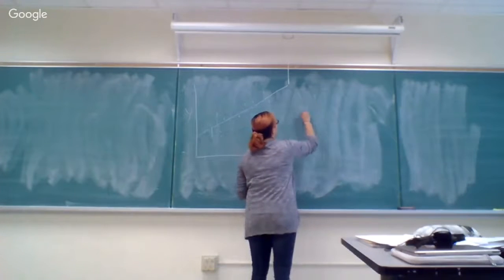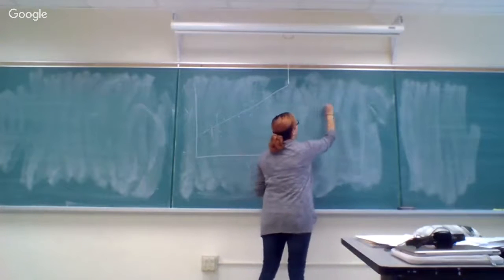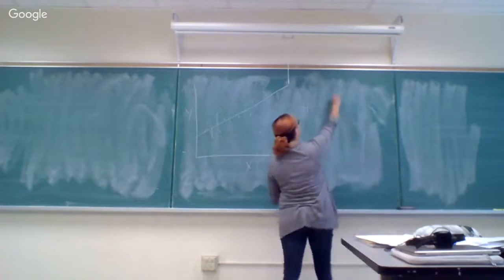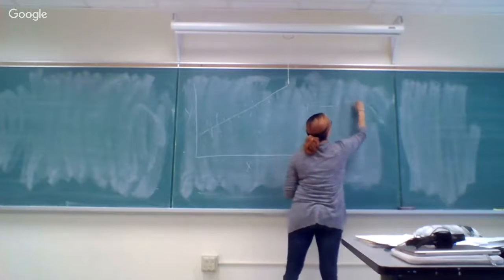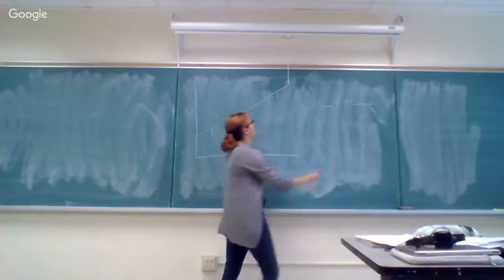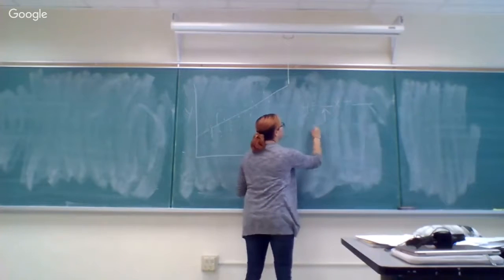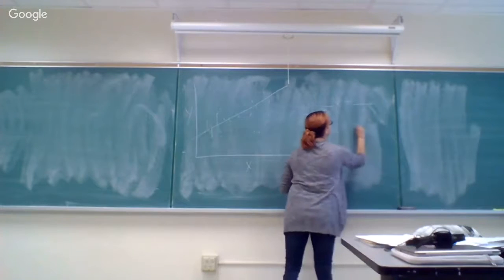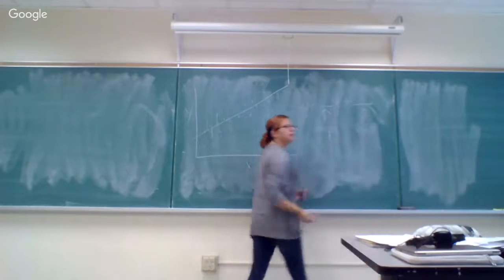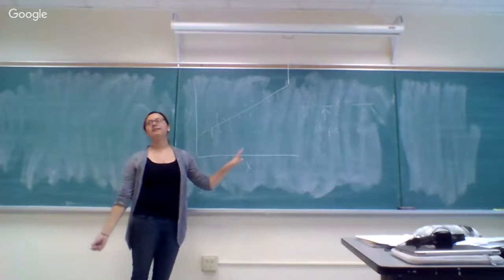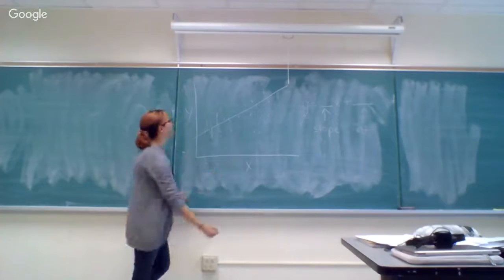Usually in the form of y equals something times x plus something. We've seen this before. This is our slope, and this is our intercept. Hopefully this is like 7th grade for most people.